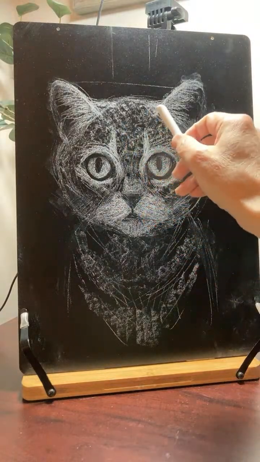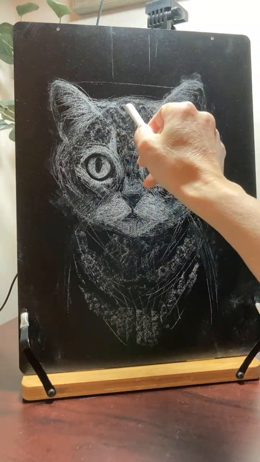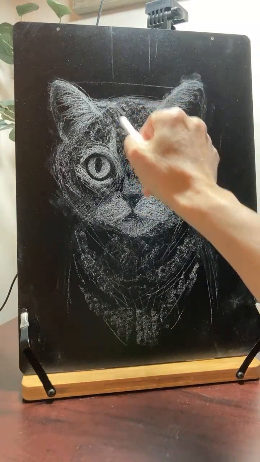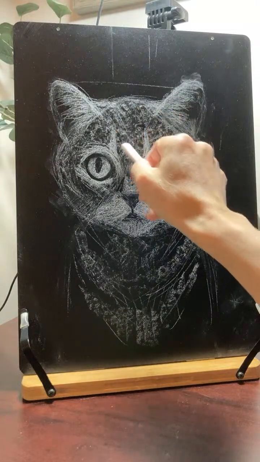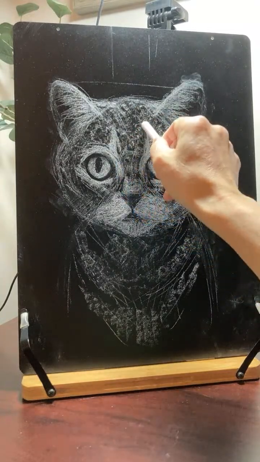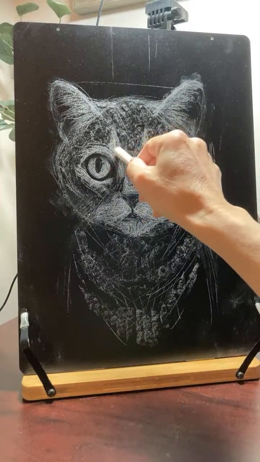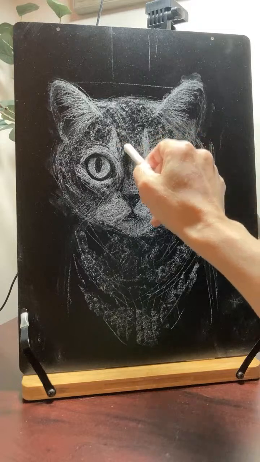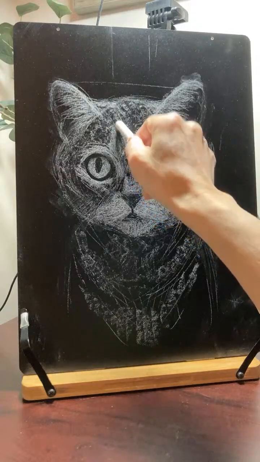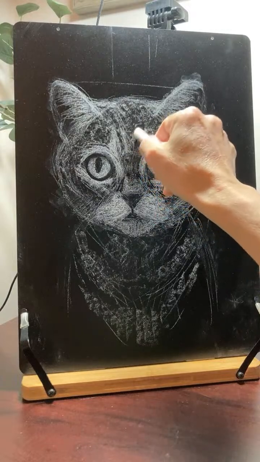Okay, and now we are going to do her forehead. So she has two stripes. You have here the eyebrow, and she has the divider. This stripe divides here.